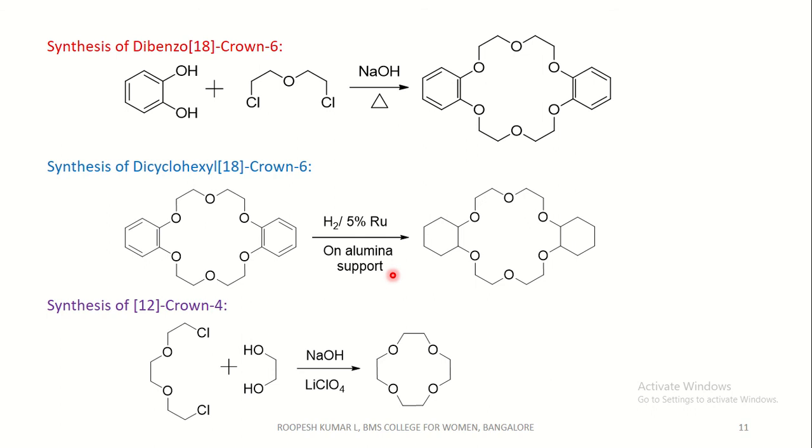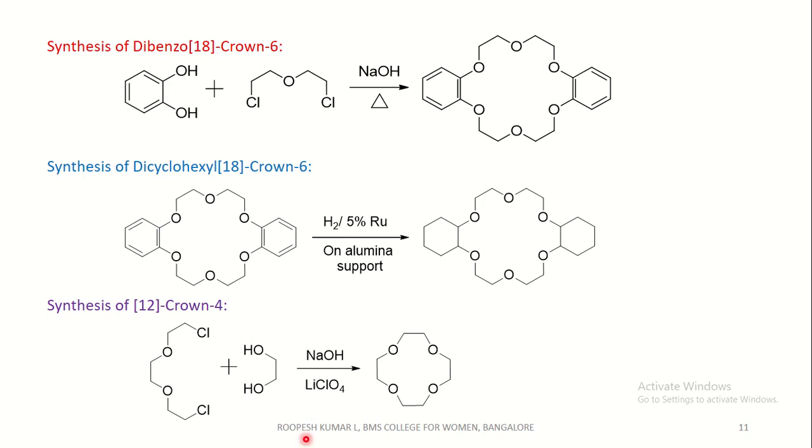Alumina is nothing but Al2O3. You get the corresponding dicyclohexyl-18-crown-6, that is the double bonds of the benzene get reduced to the alkyl group. Coming to the next, synthesis of 12-crown-4.